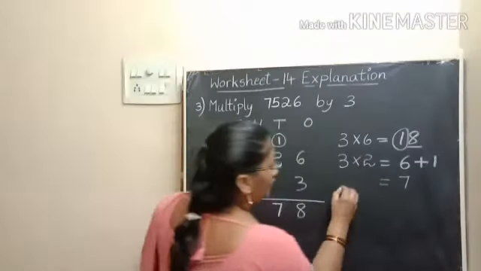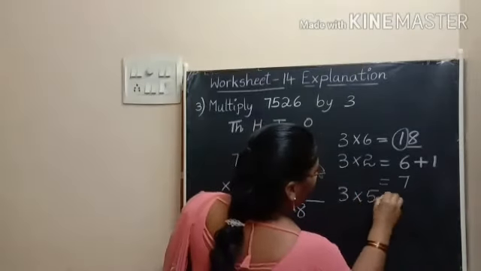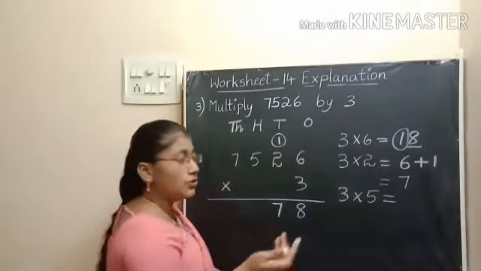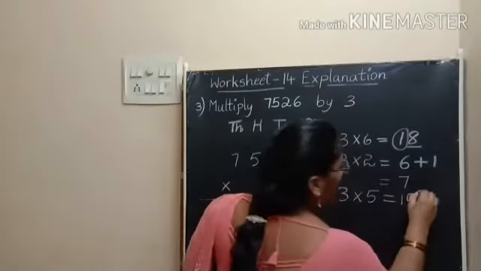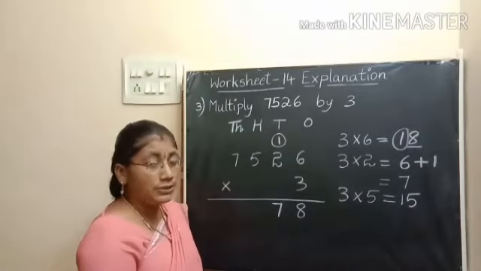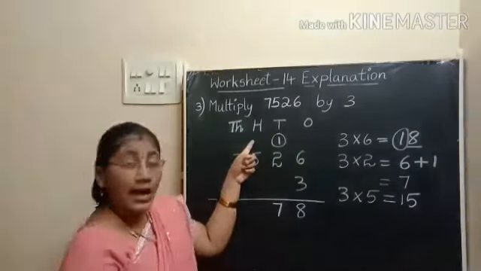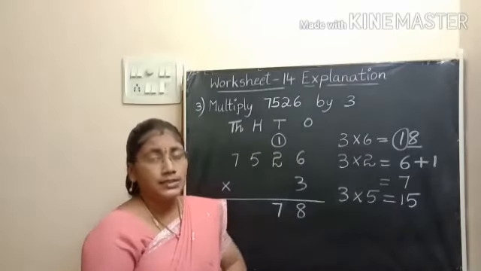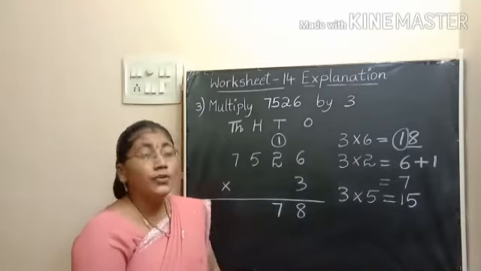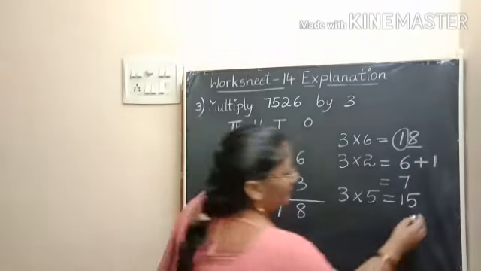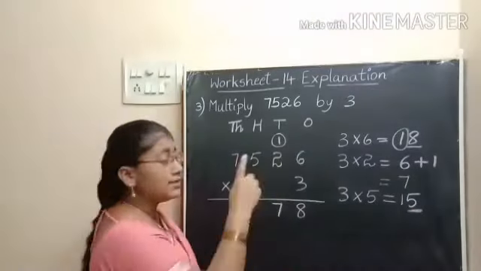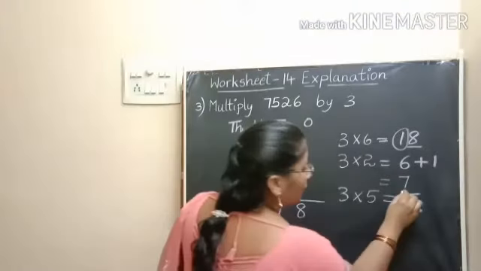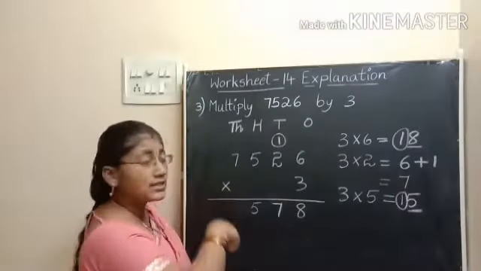So take 3 into 5. How much is it? 3 into 5 is equal to 15. Is there any carry to add? No. There is no carry to add to this result. Understood, children? Then we have to write the right side digit as a result here, and we have to pass 1 as carry to the next place.